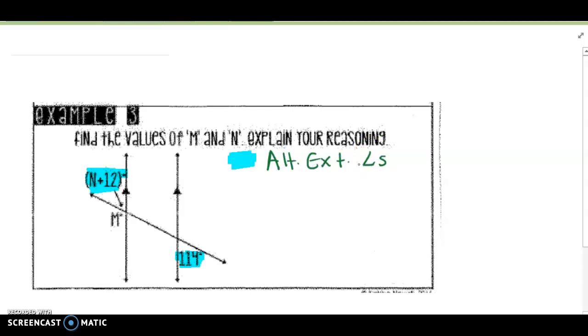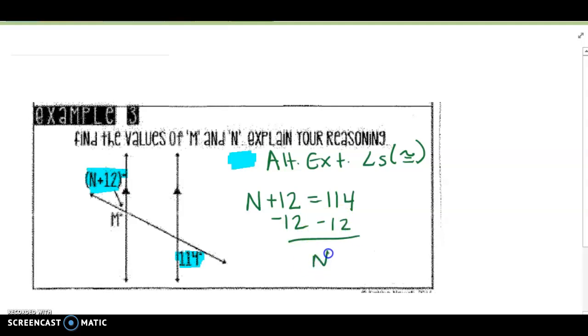And if you look at the alternate exterior angle theorem, it tells you that alternate exterior angles are congruent. So if they're congruent, that means they're equal in measure. So n plus 12 equals 114. Subtract 12 on both sides. I get n equals 102.